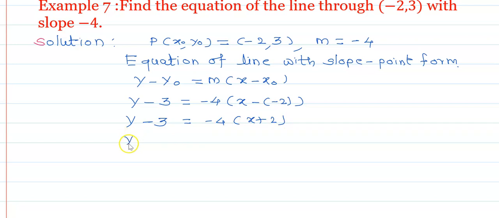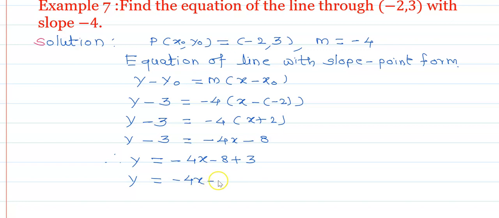Again the simplification: y - 3 = -4x - 8, and therefore the equation of the line is y = -4x - 8 + 3, and hence y = -4x - 5.